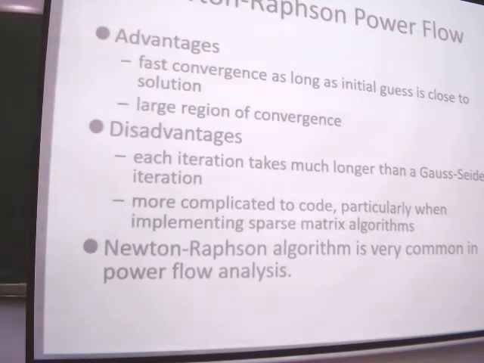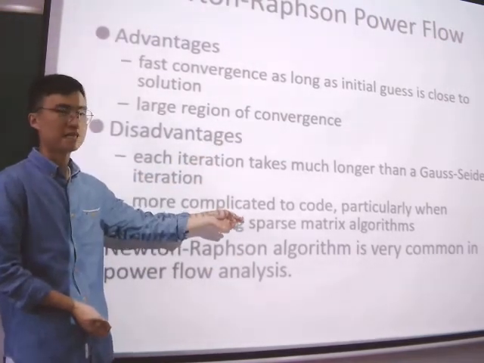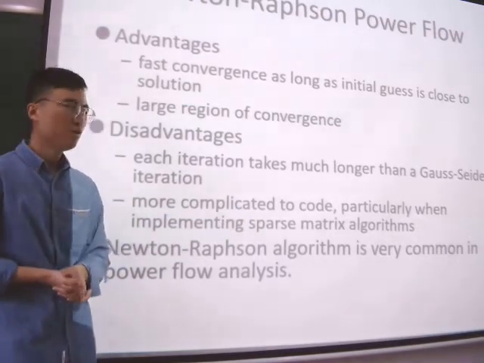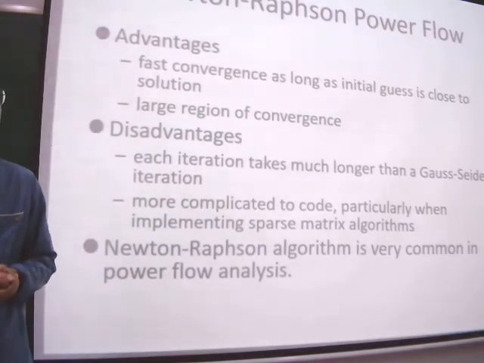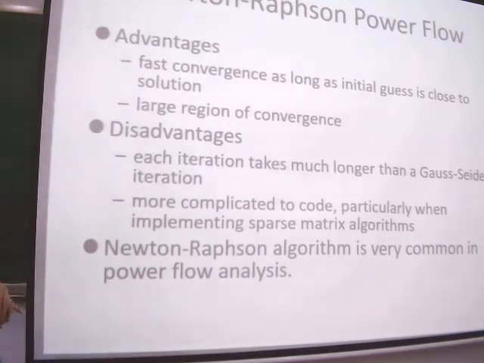So the advantage of Newton-Raphson is fast convergence when the initial guess is close to the solution. In our examples we have seen that at most 3 or 4 iterations give the final answers. But the disadvantage is that each iteration is a bit more difficult than the Gauss-Seidel iteration, because inverting the Jacobi is a little more difficult to calculate.